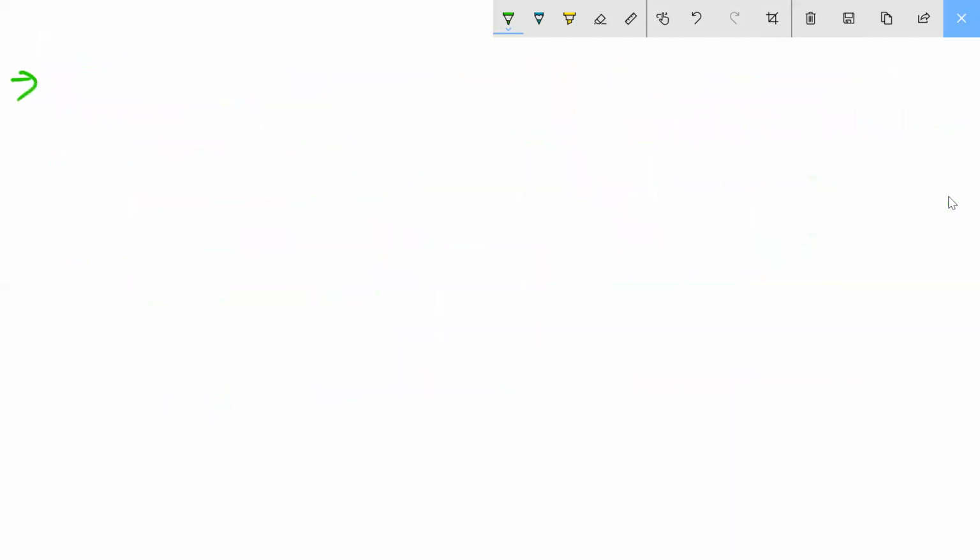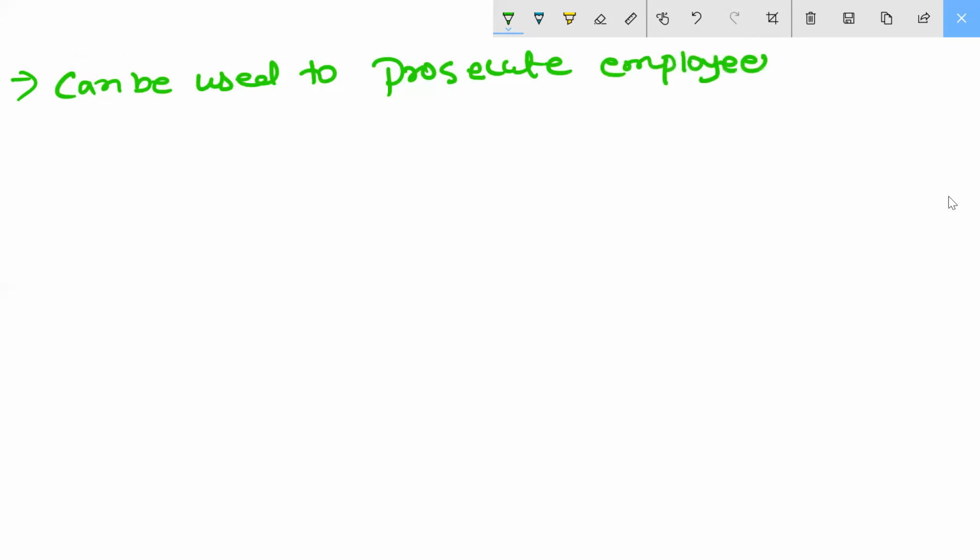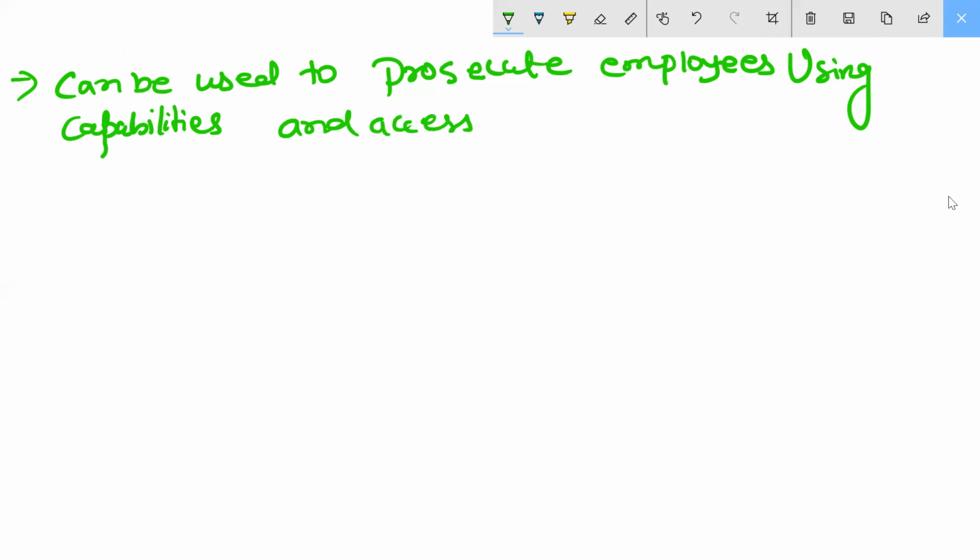This is here. Be used to execute employees using capabilities and access provided by their company.